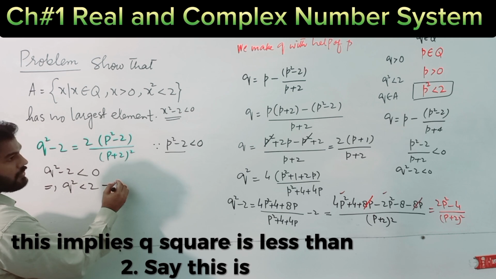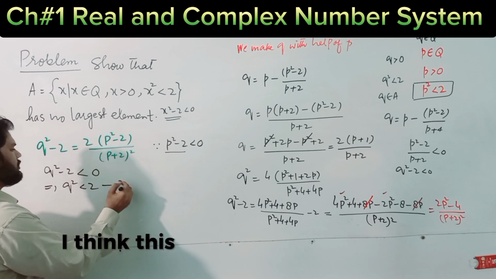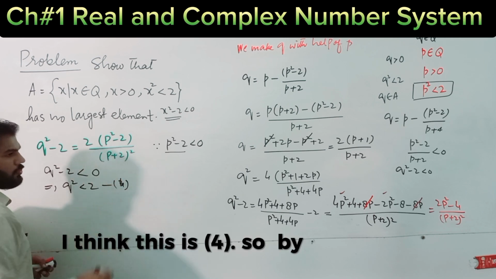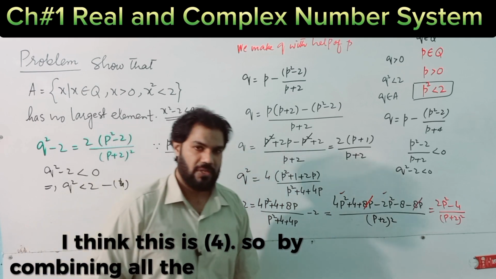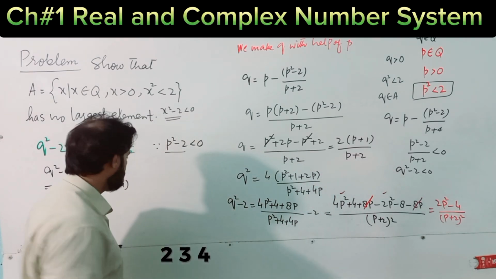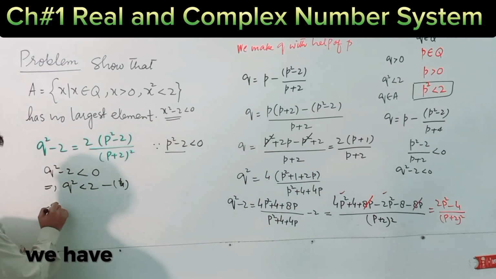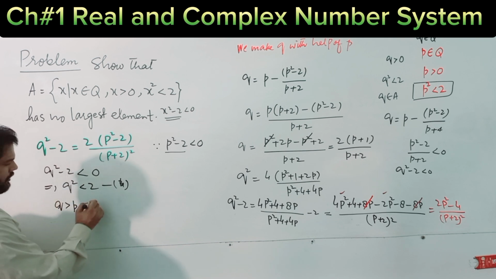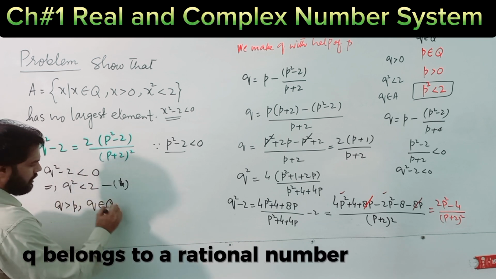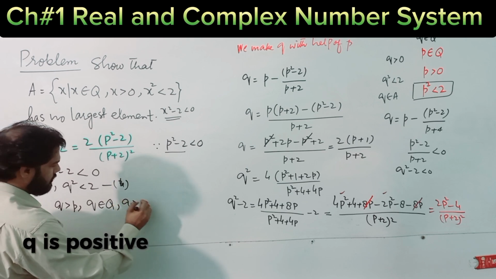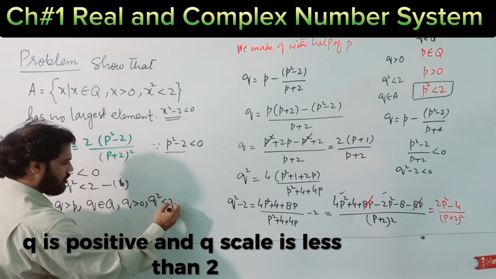Say this is, I think this is 4. So by combining all these, from 1, 2, 3, 4, we have q is greater than p, q belongs to the rational numbers, q is positive, and q square is less than 2.